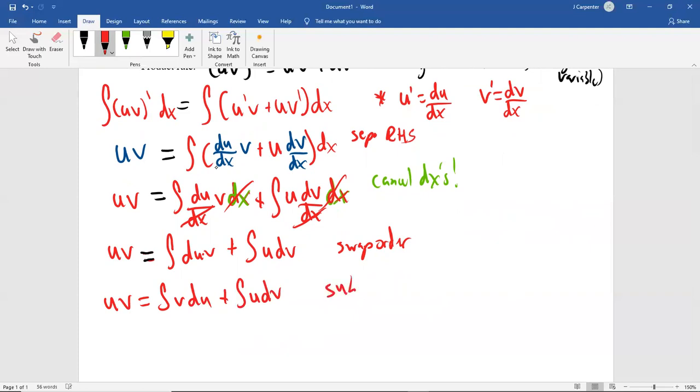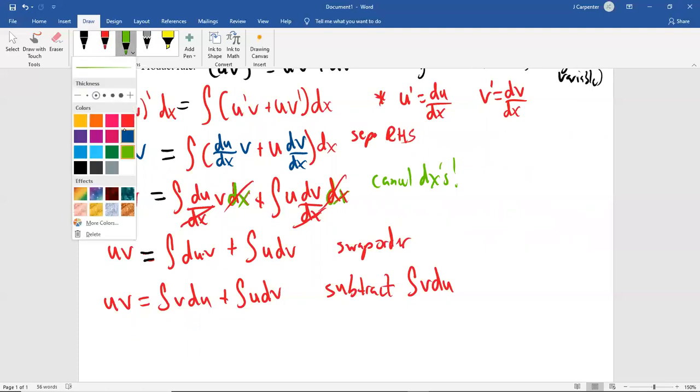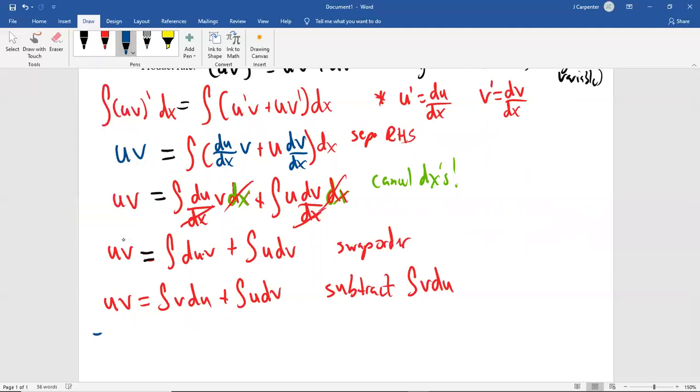Now what we do is we're going to subtract one of these two things. It technically doesn't matter. We're going to subtract the integral of v du, though. This is just how most mathematicians do it. So we're going to subtract the integral of v du.